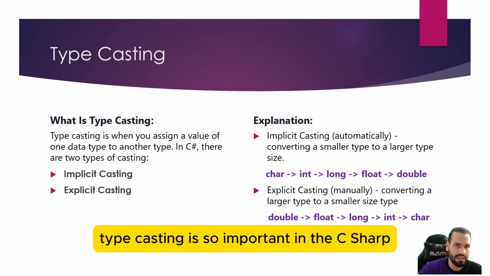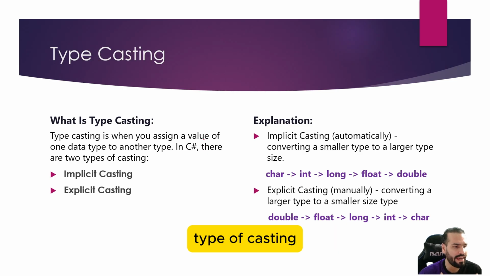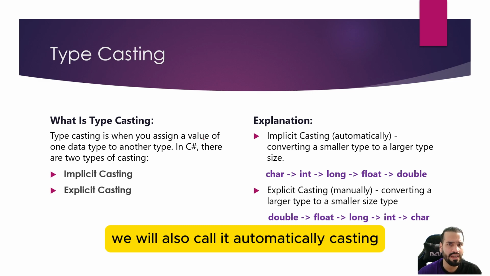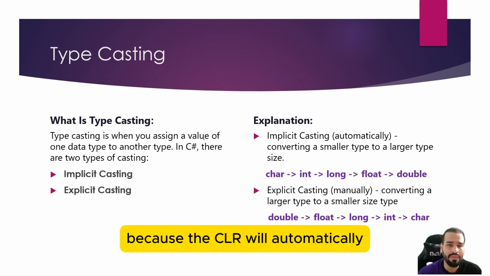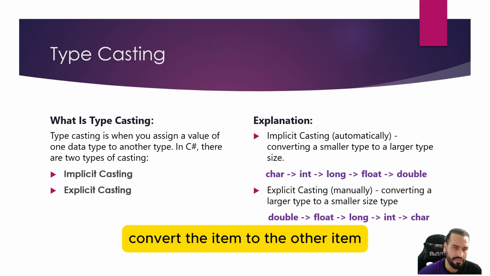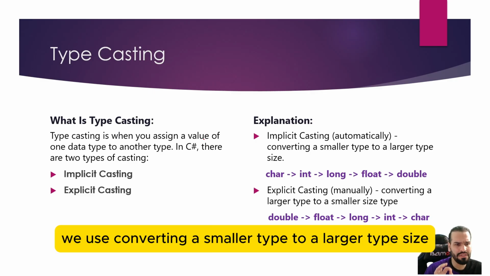Typecasting is so important in C Sharp because we have two types of casting: implicit casting and explicit casting. Implicit casting we also call automatic casting, because the CLR will automatically convert the item to the other type. There's only one condition: in implicit casting, we convert a smaller type to a larger type size.